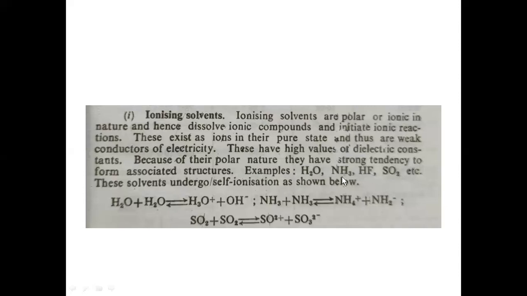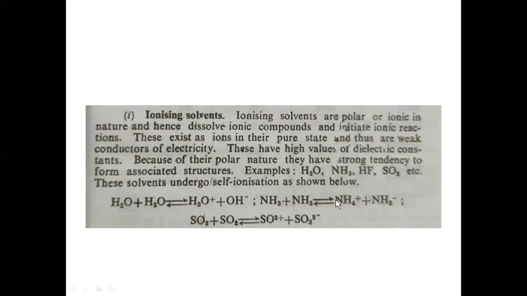For example, water, NH3 ammonia, HF hydrogen fluoride, SO2 sulfur dioxide. These solvents undergo self-ionization as shown below. Two molecules of water lead to the formation of hydronium ion and hydroxide ion. These are the ionizing solvents.